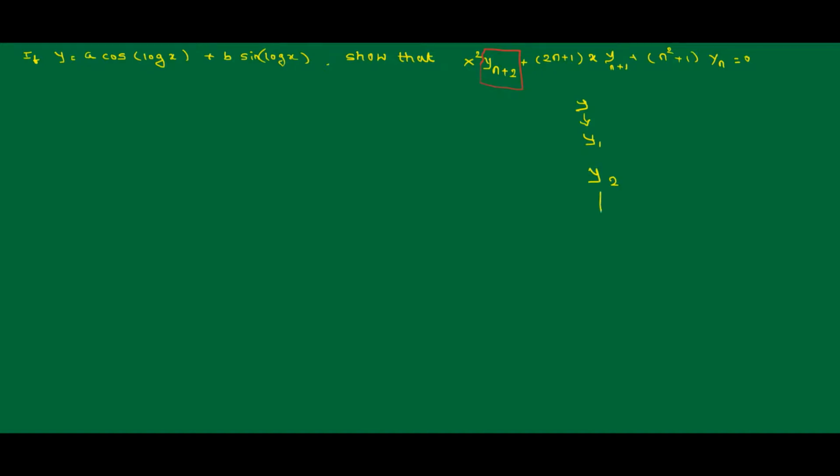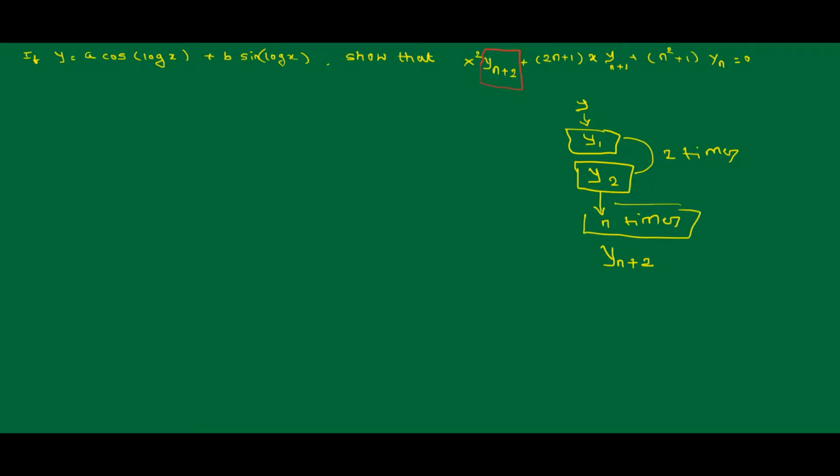And after that, if you differentiate n times, then only you will get yn plus 2. So we need to find the value for first y1 and then y2, or you have to differentiate first 2 times and then you can differentiate n times. So this is the step.